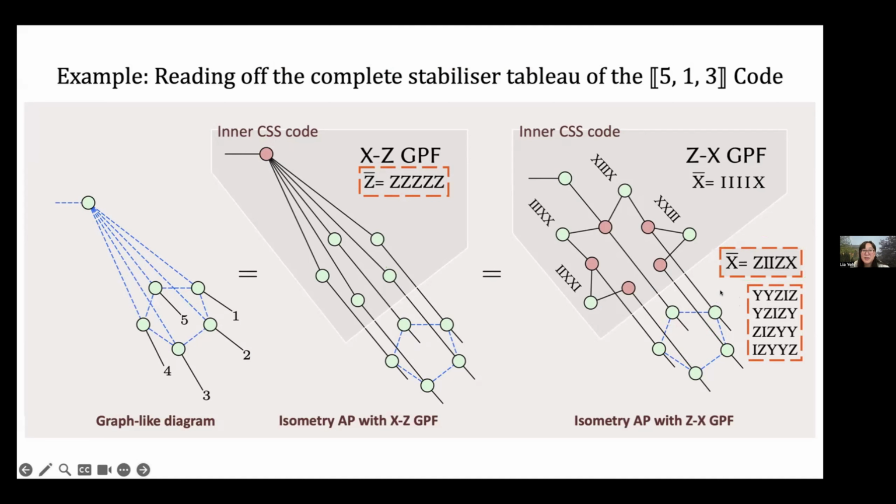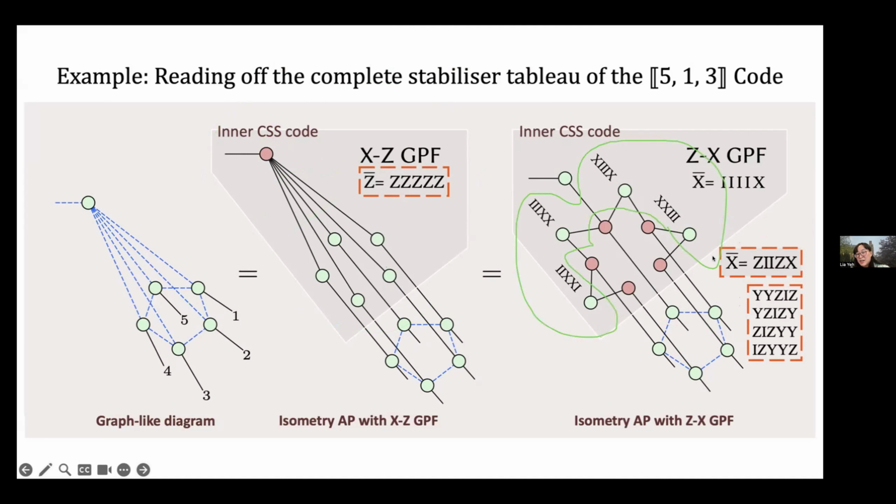And we can do the same with the stabilizers. So for the inner CSS code, because we don't have any pure Z-type stabilizer generators, there's no internal red spiders, so we didn't have to do anything. Here we have, let me draw, 1, 2, 3, 4, like that, 4 internal Z spiders of the inner CSS code.